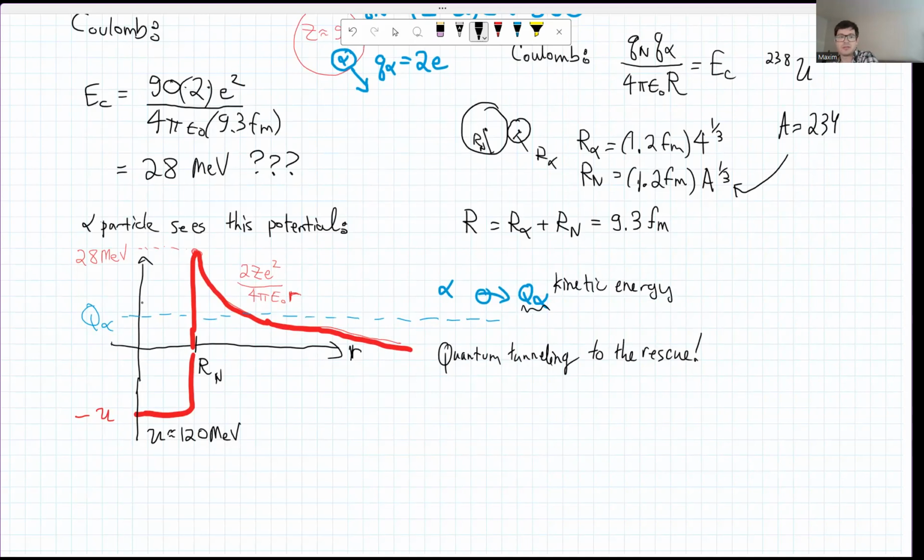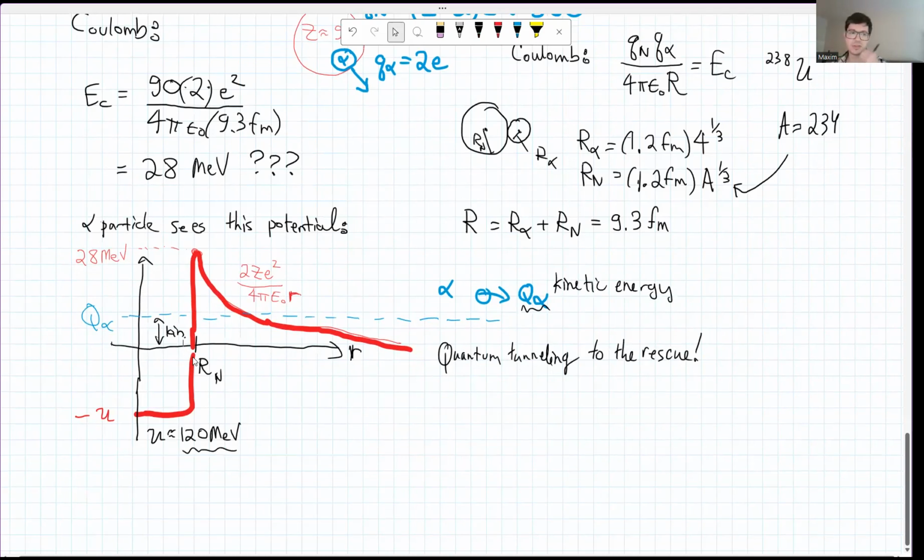And here there's negative 120 MeV potential energy plus this amount of kinetic. So it just doesn't have enough energy to overcome this barrier. It would just rattle around in here, being happy with the other nucleons, right?